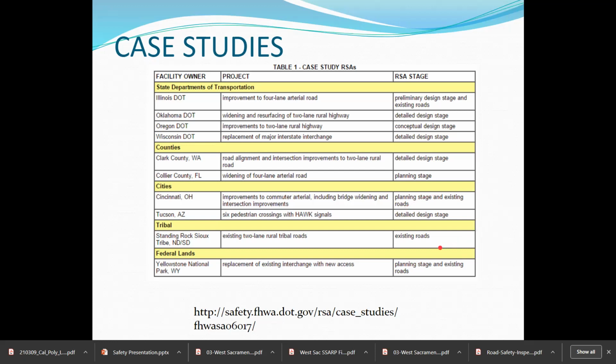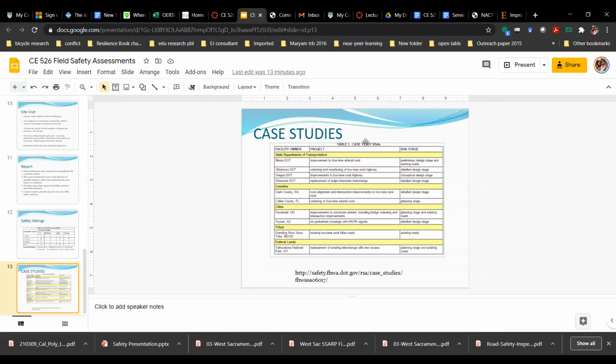Okay. So that's all I wanted to talk about road safety audit, and I'm very much looking forward to your presentations. So without further ado, let me stop my chat and invite you guys to have any questions around road safety audit process and the work that you did. Are there any questions about that?